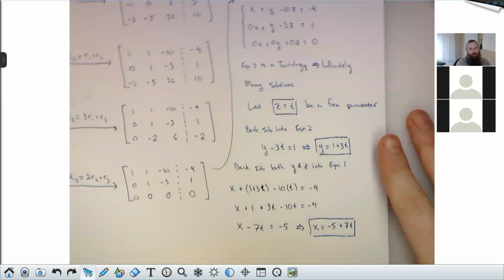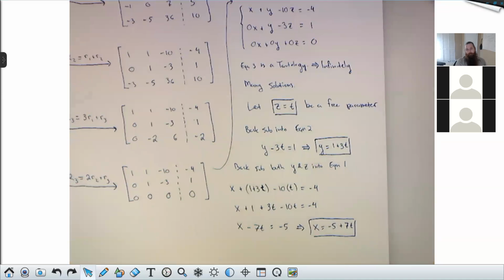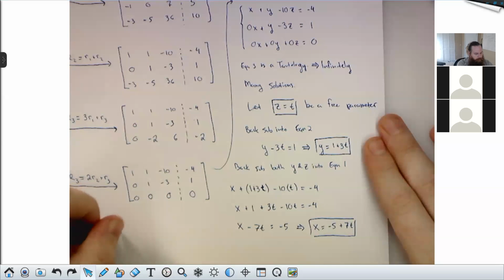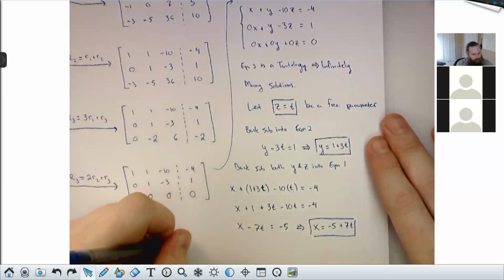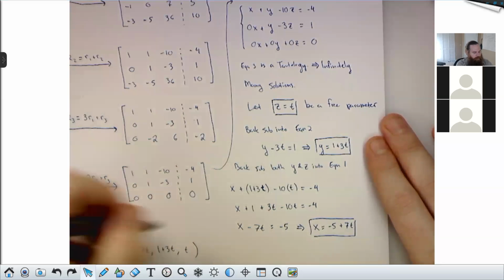And these are your solutions. In other words, any ordered triple of the form negative 5 plus 7t, comma, 1 plus 3t, comma, t will solve.